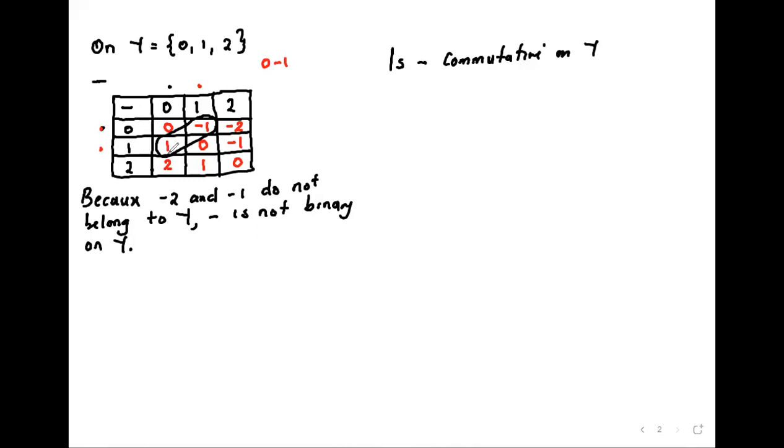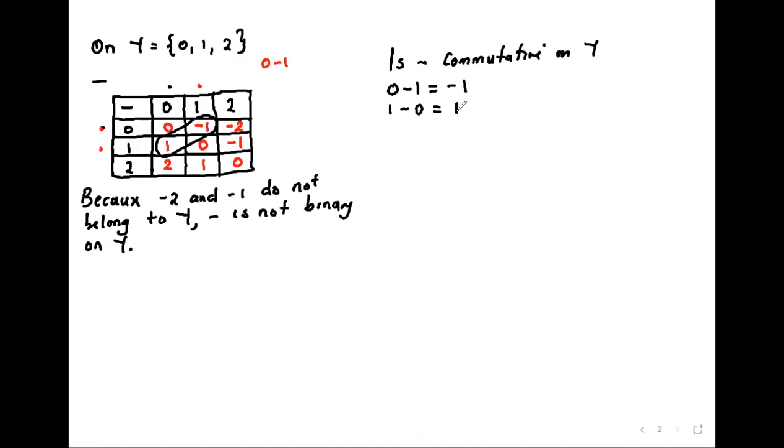You say, if I pick 0 minus 1, the answer is -1. But if I pick 1 minus 0, the answer is 1. So when you switch, the answers differ. For it to be commutative, even if you switch, the answers must be the same. Now, when I switch, the answers differ. What does it mean?